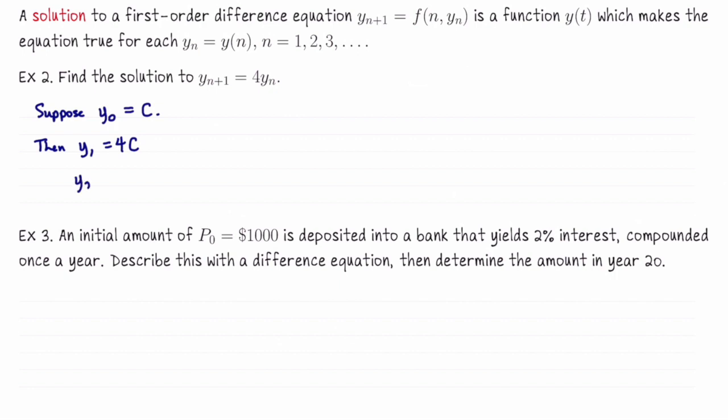Y sub 2 would be 4 times y1, which is 16c, or actually let me write 4 squared c. Y sub 3 would be 4 times y2, which is going to be 4 cubed times c. Okay, from this we can deduce the general pattern y sub n would be 4 to the n times c, where c is whatever our initial value is.